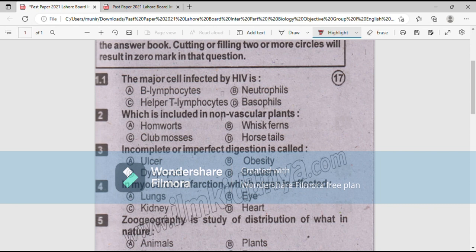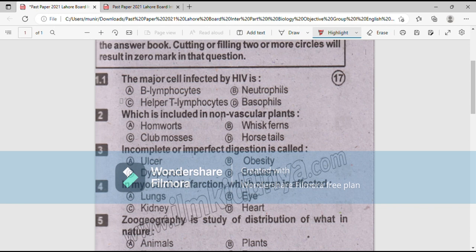But before discussing the correct answer, we will discuss all the options given in the paper one by one. The first is B lymphocytes. Guys, B lymphocytes help in the defense against pathogens, and they also help in antibody production.